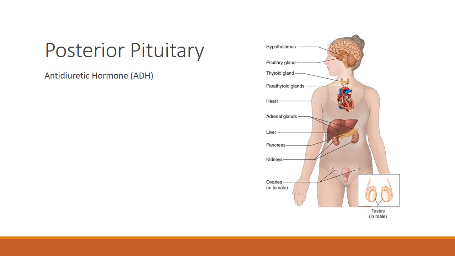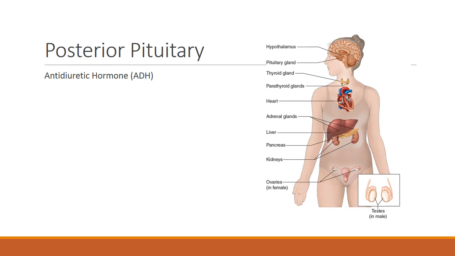If you think of the name, a diuretic makes you urinate more; antidiuretic hormone helps you hold on to water. When the body senses that it's starting to dehydrate or doesn't have enough water, it increases your blood volume and also your blood pressure by helping the body retain water.